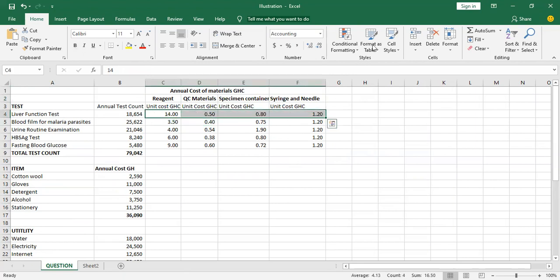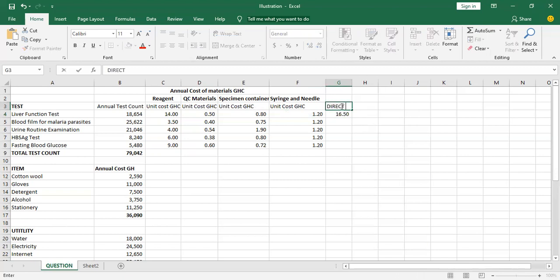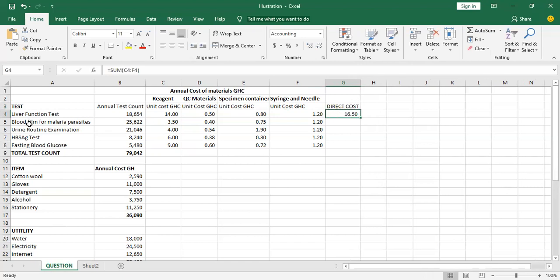For LFT, we sum up and we have 16 cedis, 50 pesos for direct costs. And we do the same for the others. You can simply drag here to fill for the others. So this is our direct cost in Ghana cedis.